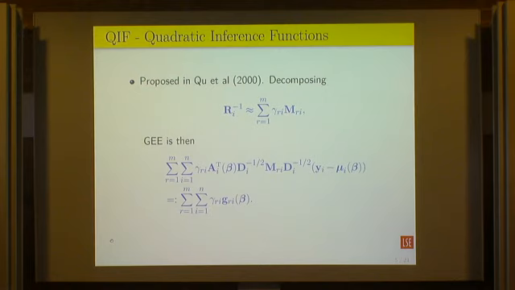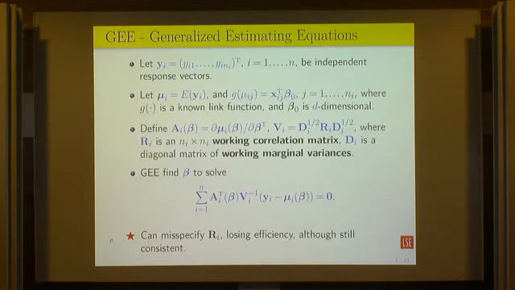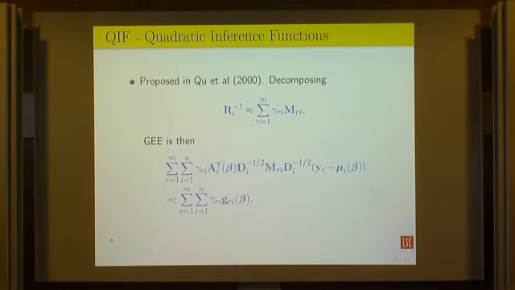So, if you substitute this R_i inverse into this, then the GEE becomes this.